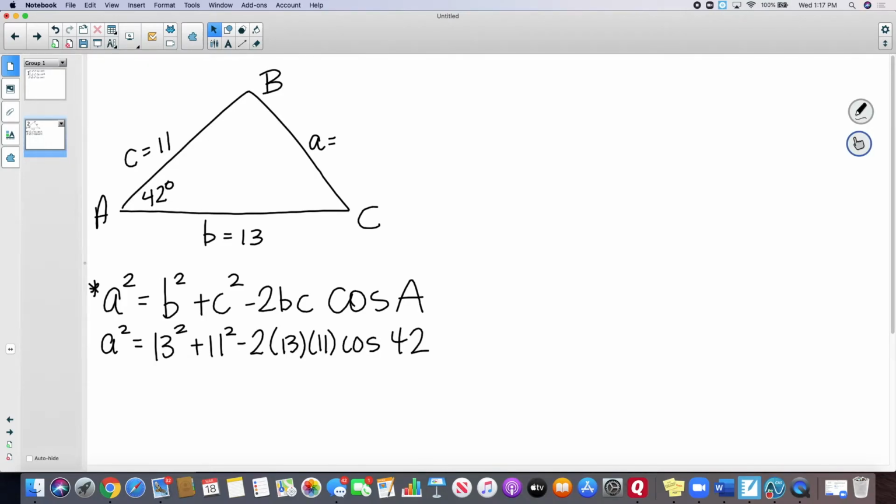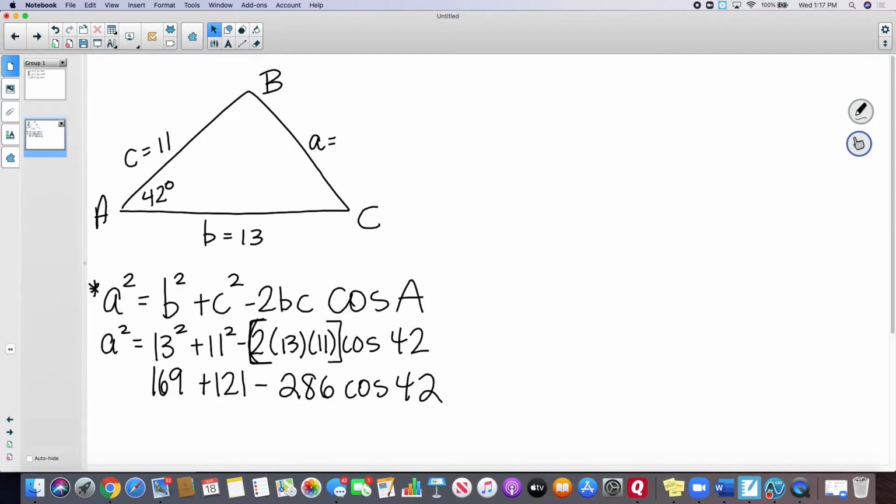So if I were going to break this up into pieces, this right here, let me do a bracket. 2 times 13 times 11 is one number, okay? 2 times 13 times 11 is 286 cosine 42.